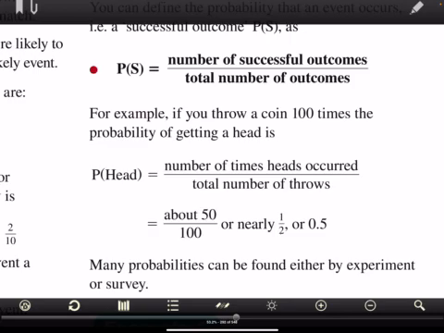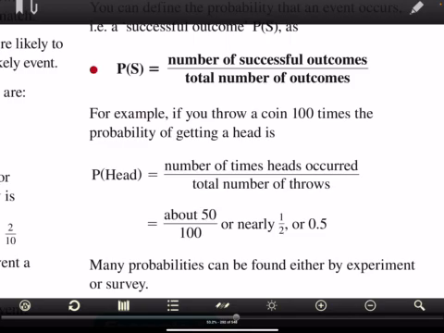How many tails are there on that coin? One. That is correct. So the successful outcome that you want is 1, because there is only 1 tail.